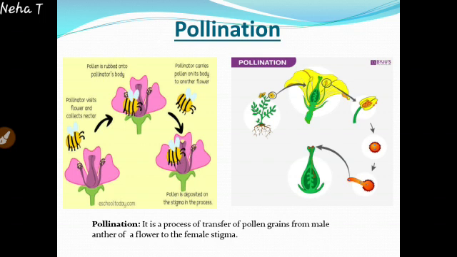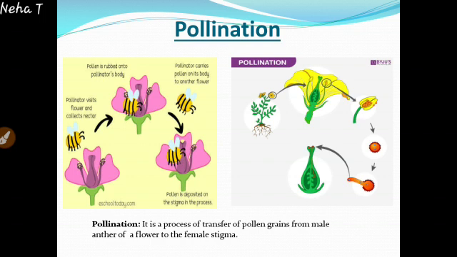Now children, you might be thinking, what is pollination? Pollination is a process of transfer of pollen grains from male anther of flower to the female stigma. In the picture, we can see when a pollinator visits a flower and collects nectar, the pollen grains stick to its body.